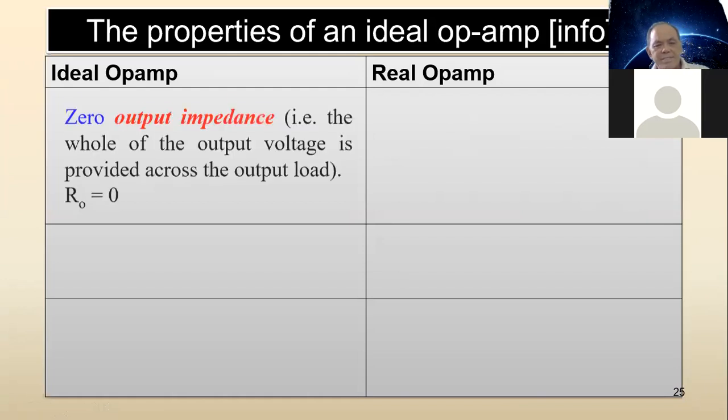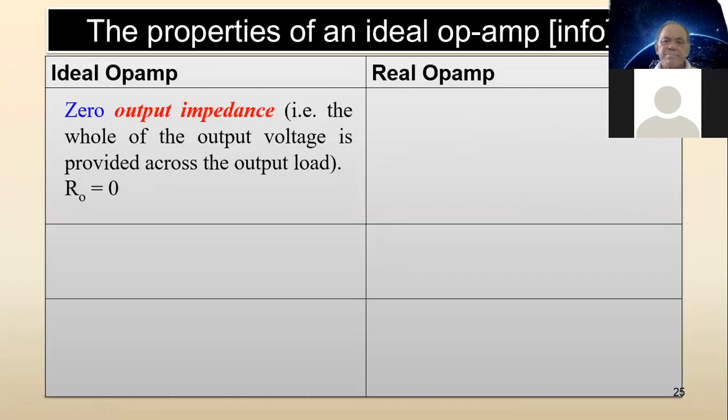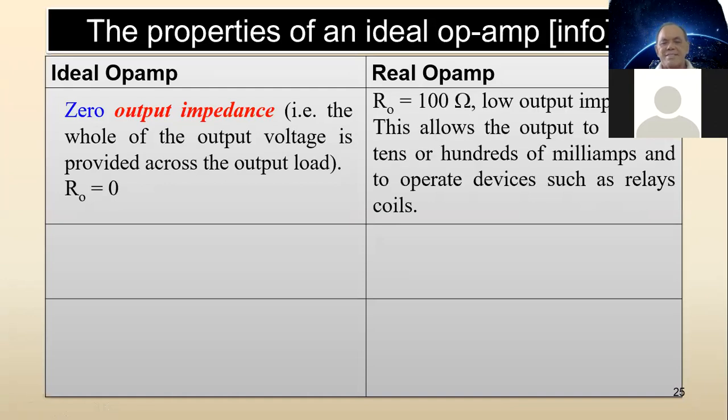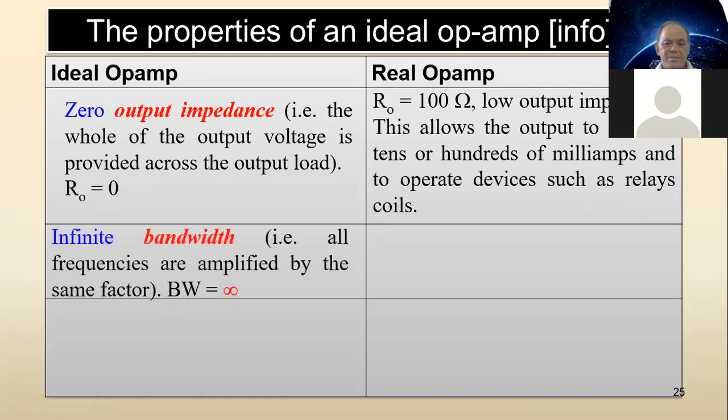Zero output impedance, right? Usually it's about 100 ohms for a real one. We want it as low as possible because it has to be connected to a load. Infinite bandwidth means all the frequencies will be amplified by the same amount.